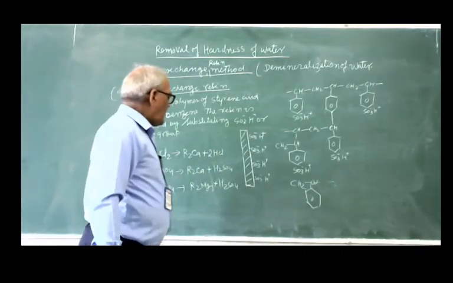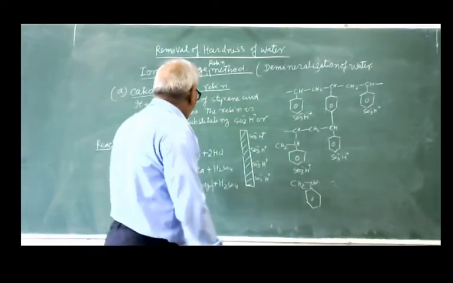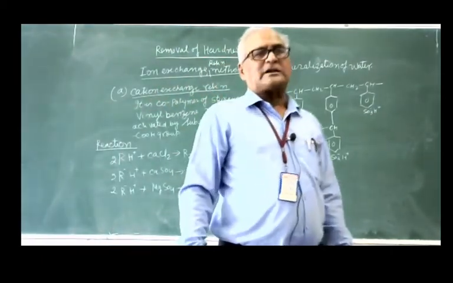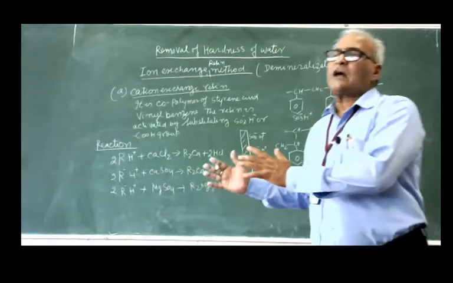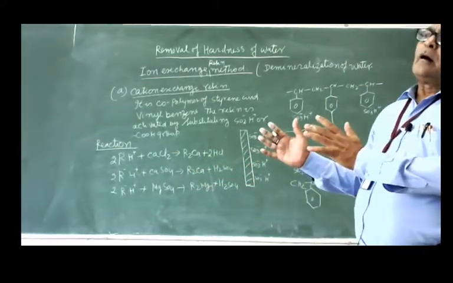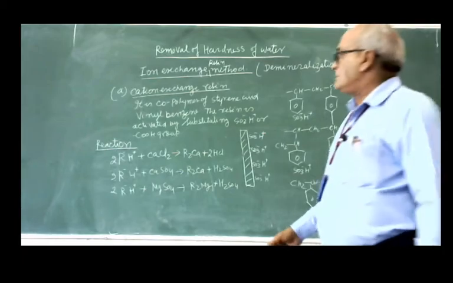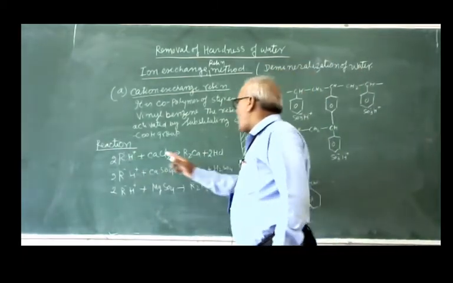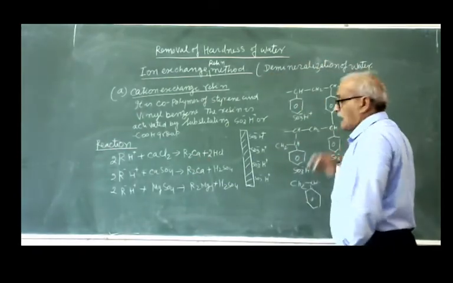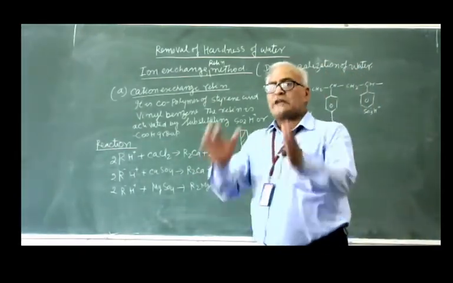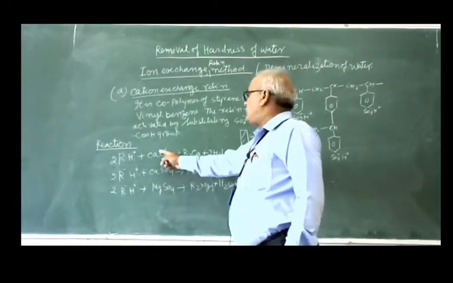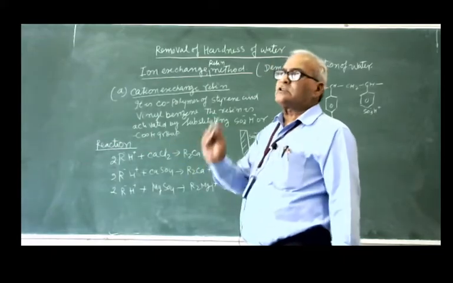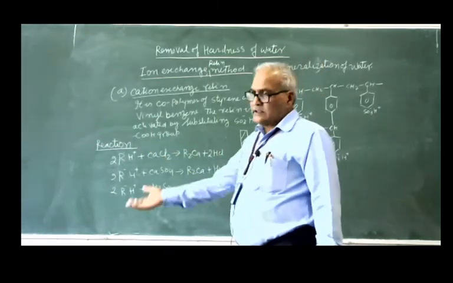In this way, all cations like calcium and magnesium, which are hardness creating ions, are attached to the resin, and the hydrogen ion of the resin has been replaced. That hydrogen ion reacts with the negative ion of the salt. Suppose calcium chloride is dissolved in water, so chloride ion is also present.